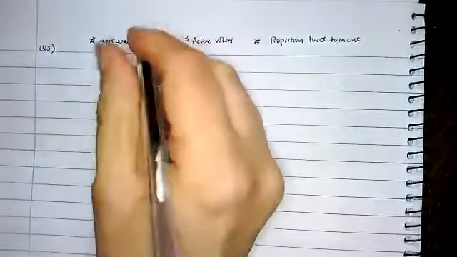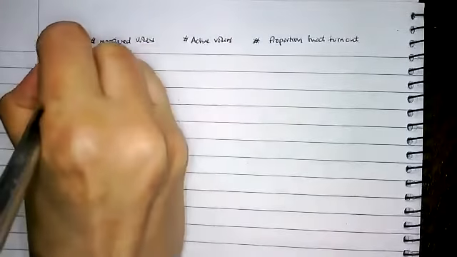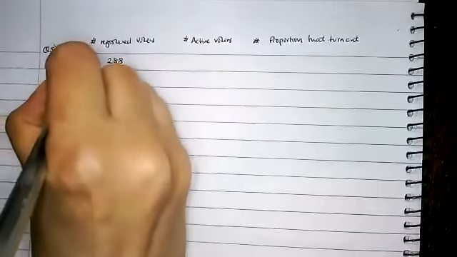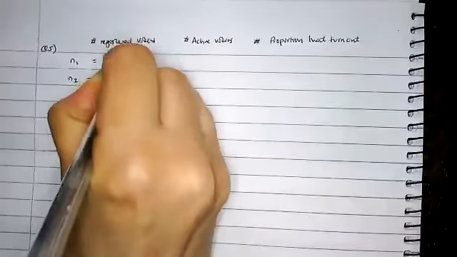And then we've got a number of active voters, so the number of them that actually vote. We've got the proportion that actually turn out. So in the first case, in area 1, we've got 288, and in area 2, 216.